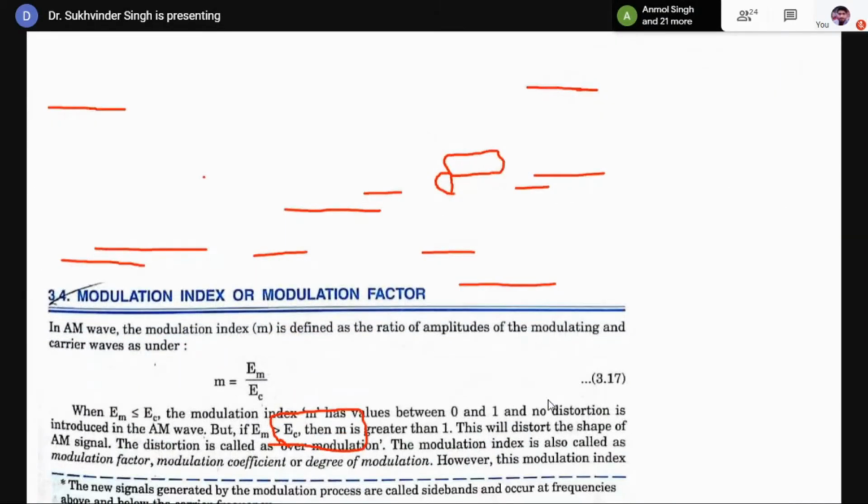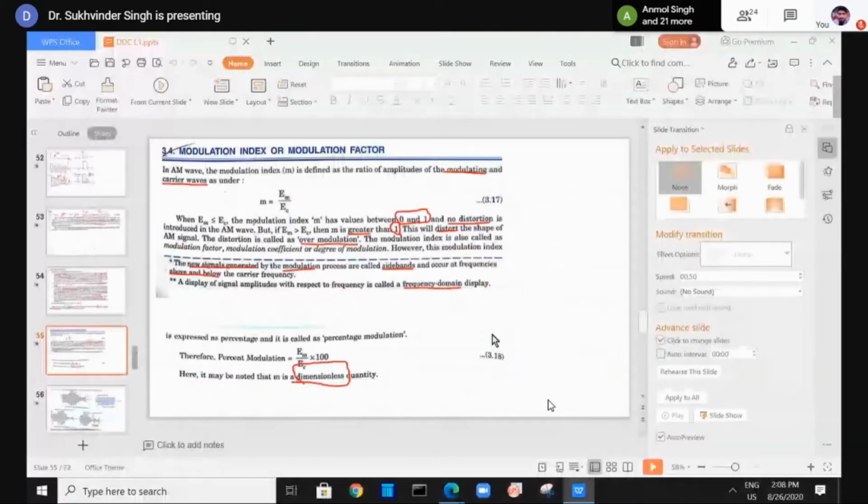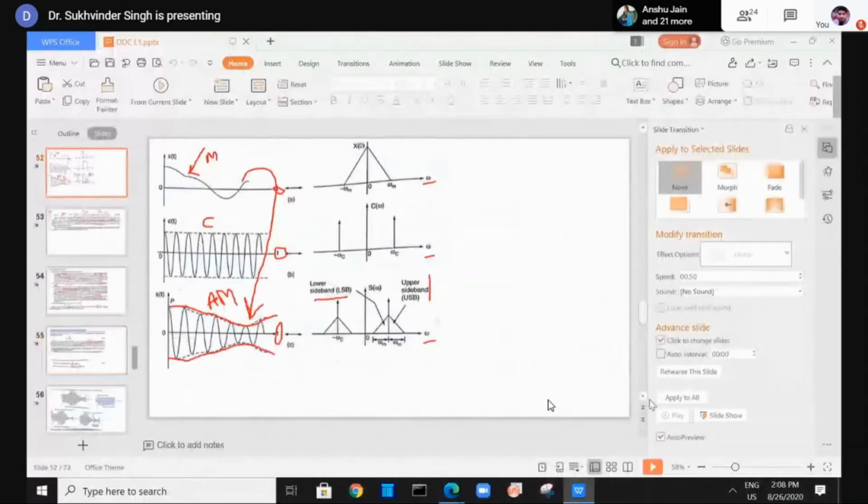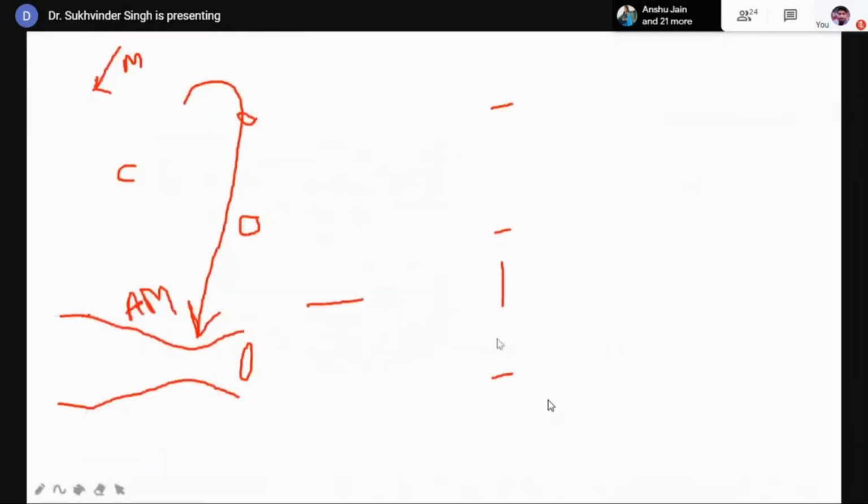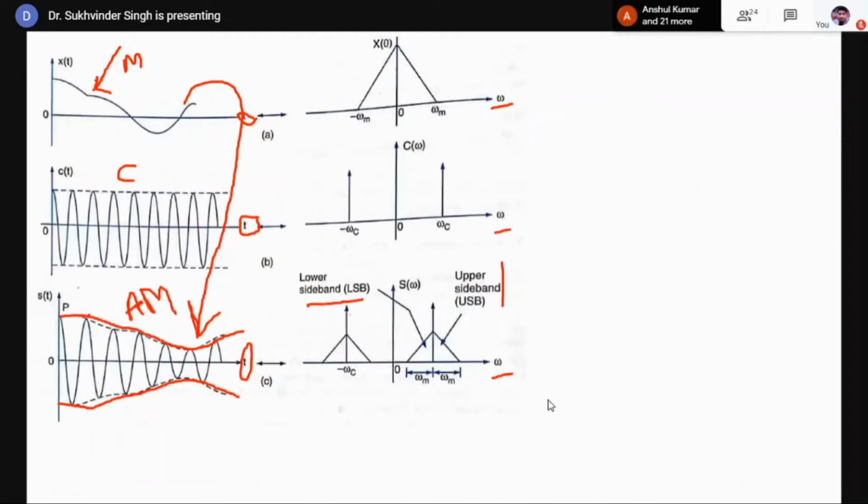Now let us move to the next topic of our syllabus. But before this, this was the spectrum for these equations in frequency domain analysis. ωm is here the modulating frequency, ±ωc are the two impulses in carrier frequency. Two impulses means the positive and negative side of the amplitude in the carrier wave.